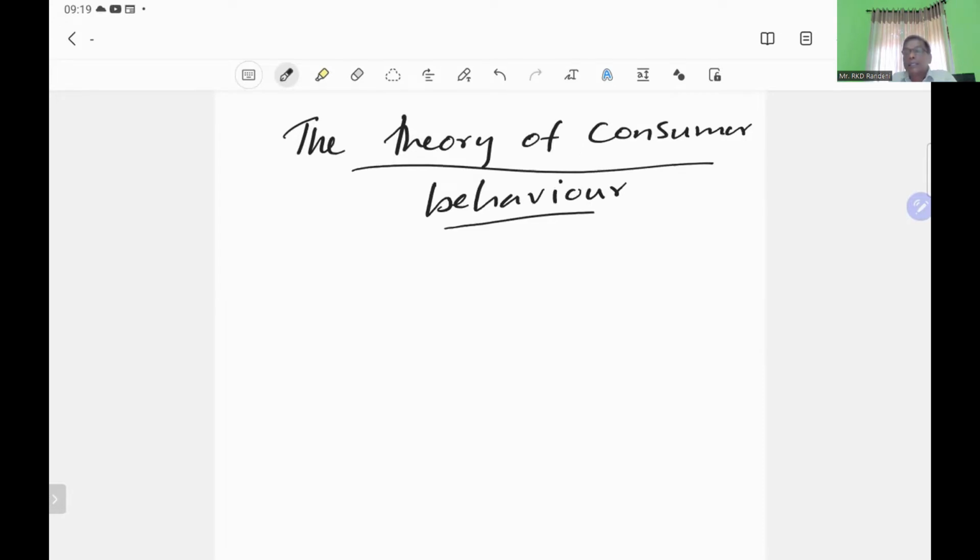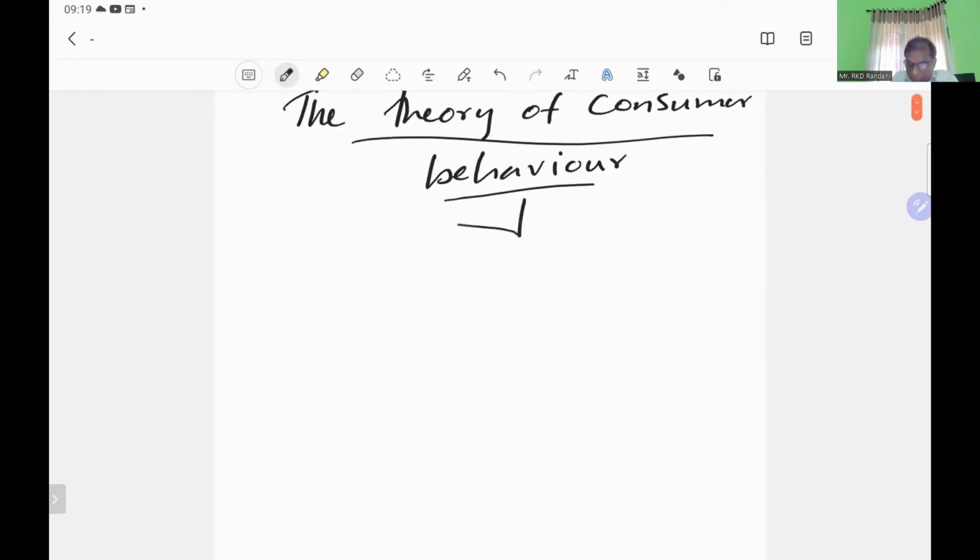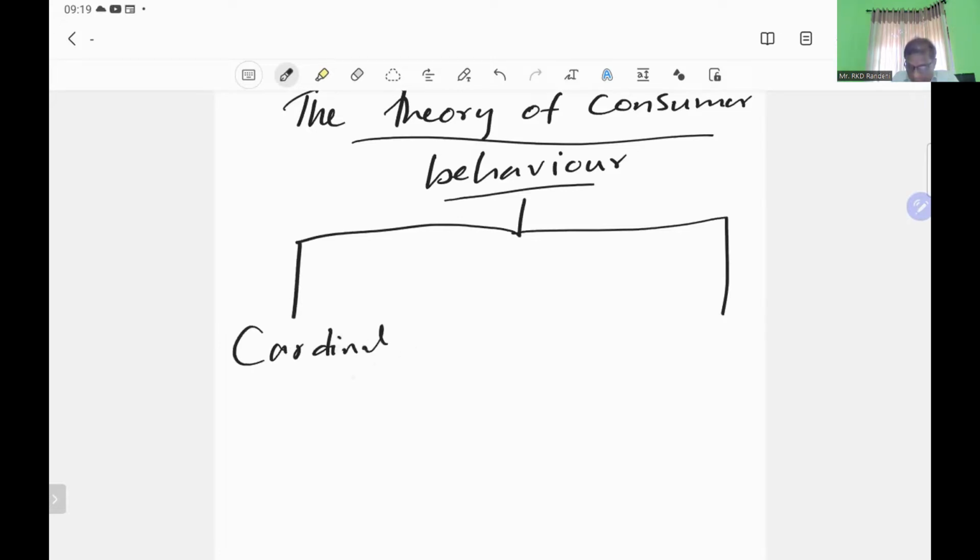Under this theory, we are going to discuss two main theories. One is the cardinal approach. The other one is the ordinal approach.